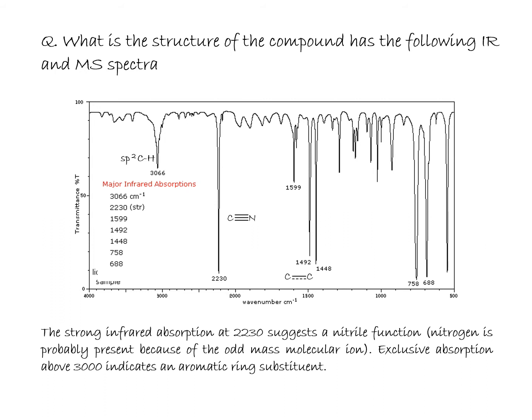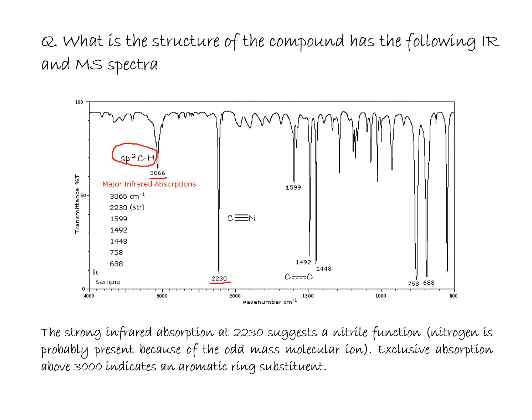So, next problem. What is the structure of the compound that has the following IR and mass spec? From the IR, 3066, it's above 3000. This means that it is sp2 C-H.